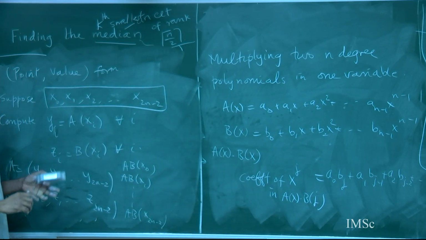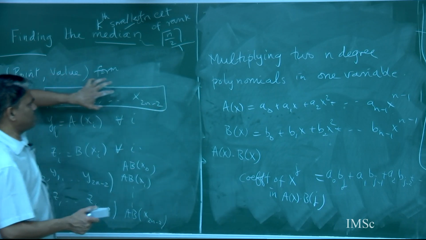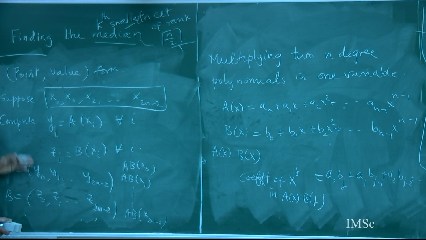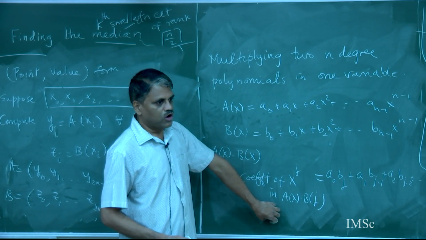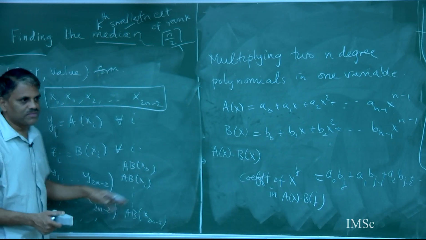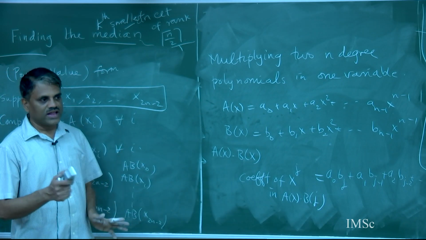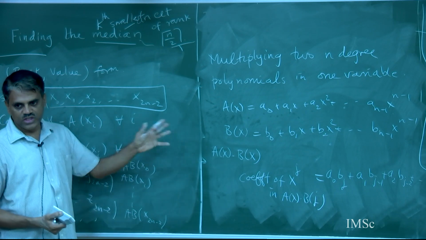So now our goal to get to an n log n algorithm is that you are given polynomials here, evaluate them in these points, both of them, compute the pointwise product in linear time, and go back and get the appropriate coefficients. Now, if I am here, I can do it in linear time. If I am here, I can do n square time. Going from here to here and then going back will take a lot of time. How do I avoid doing this n square step?